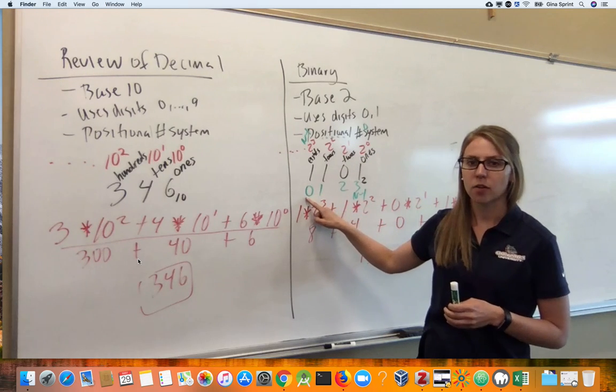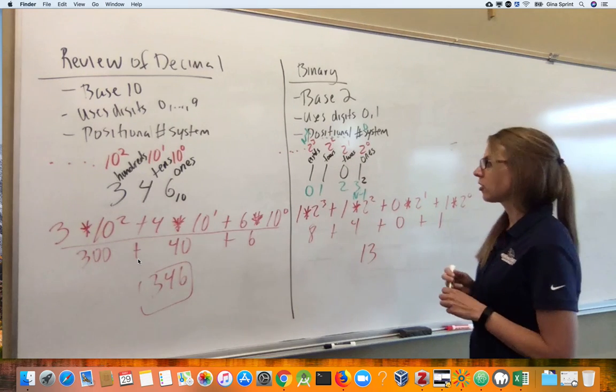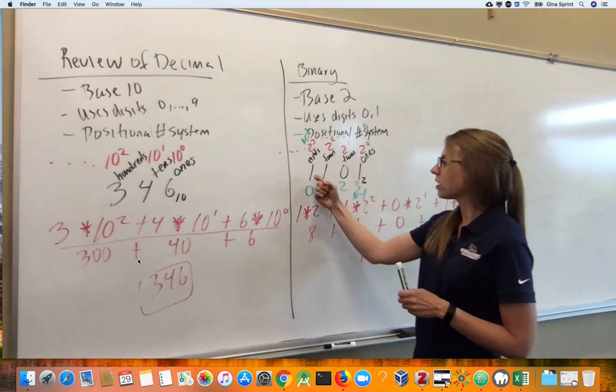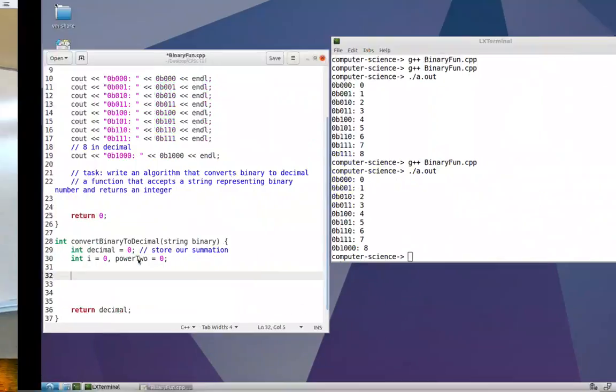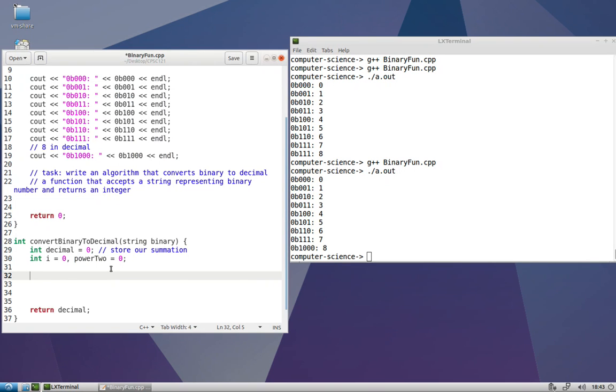I'll start I at 0, and I'll add 1 each iteration of the loop in order to get this digit. So power of 2 is going to be initialized to binary.length minus 1, the highest power of 2, which is the power of 2 for the digit at index 0.